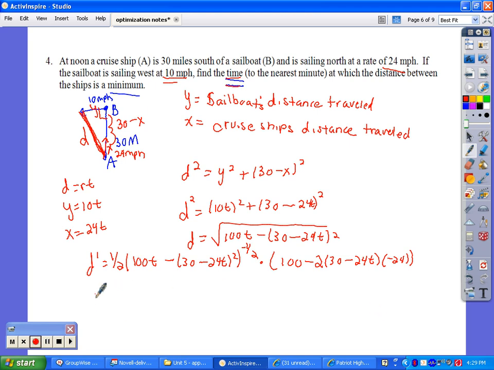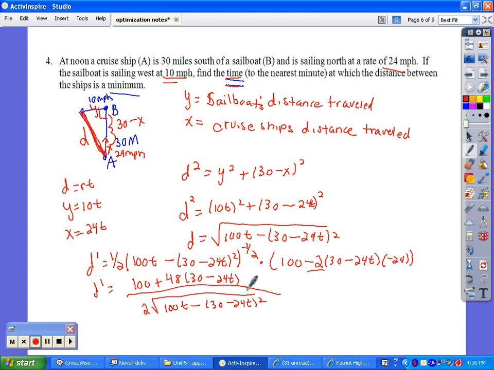So I have the derivative is equal to, I'm going to move my square root to the bottom. So I have it over 2 times the square root of 100t squared plus (30 minus 24t) squared. And then my top, if I simplify this, I have negative 2 times negative 24, so that gives me a positive 48. So I have 100 plus 48 times (30 minus 24t).